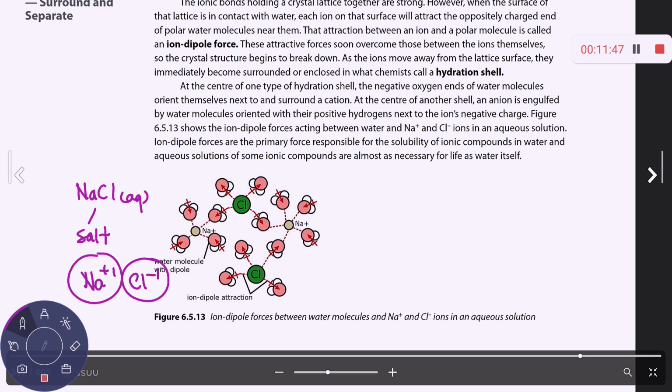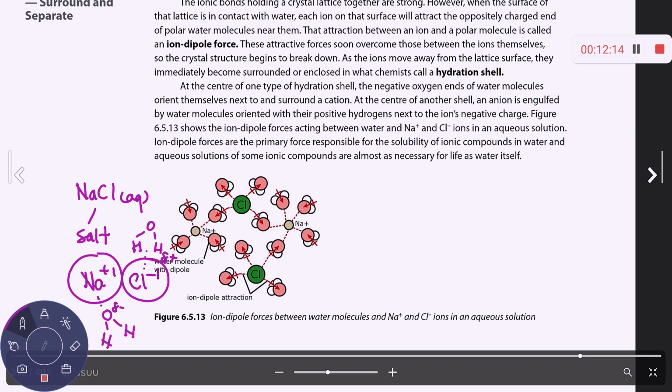So when each of these ions is interacting with water, for instance, the oxygen end of water would love this cation because the oxygen end has a partial negative on it. So that interaction would be an ion dipole interaction. And then when you have the hydrogen end of water interacting with the chloride ion, that would also be an ion dipole force.